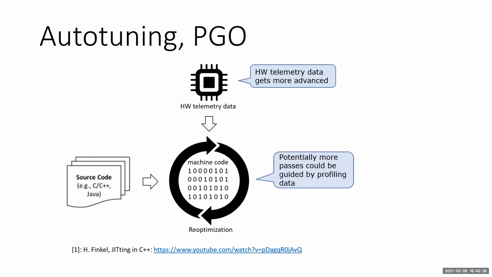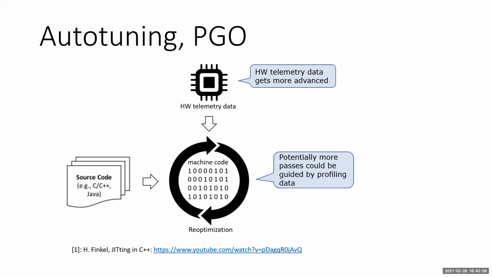The second point I try to make here is that hardware telemetry data gets more advanced. It allows us to observe things like cache misses and branch mispredictions much better than before. For example, in newer Intel CPUs and modern CPUs, you can detect the exact assembly instruction where the most cache misses happen. And also, if it is linear code, you can estimate the prefetch window in CPU cycles.